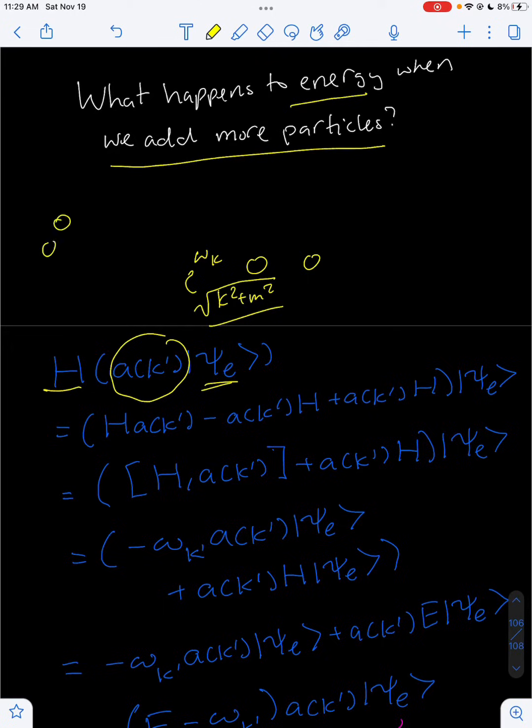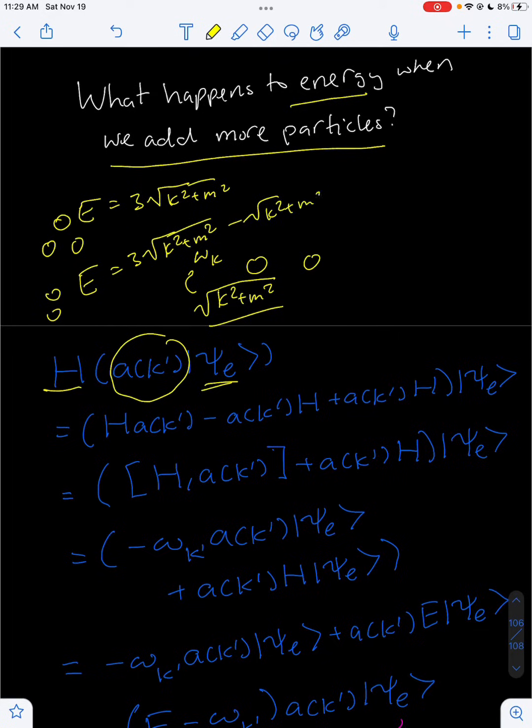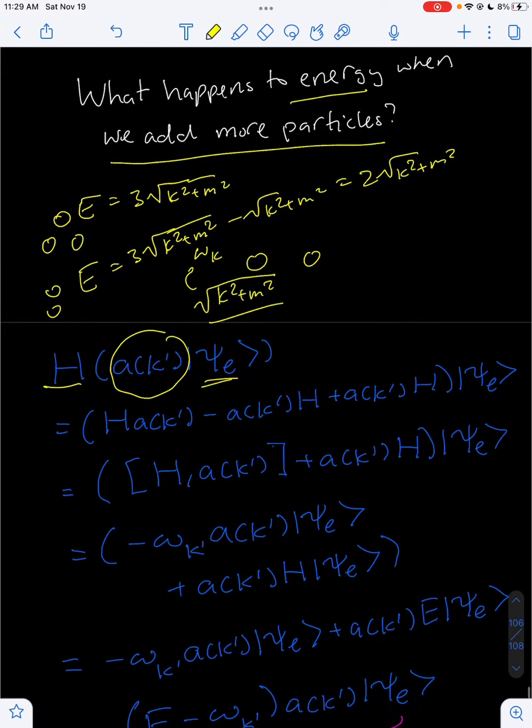So if we have three particles in our system, our total energy is just going to be 3 times the square root of k squared plus m squared. If we have 2 particles in our system, the energy is going to be 3 times the square root of k squared plus m squared, minus the square root of k squared plus m squared, which will just, of course, give us 2 times the square root of k squared plus m squared. That's all we're saying. So this makes intuitive logical sense.